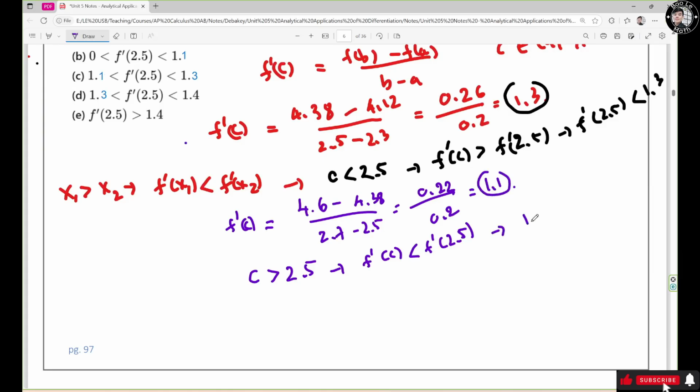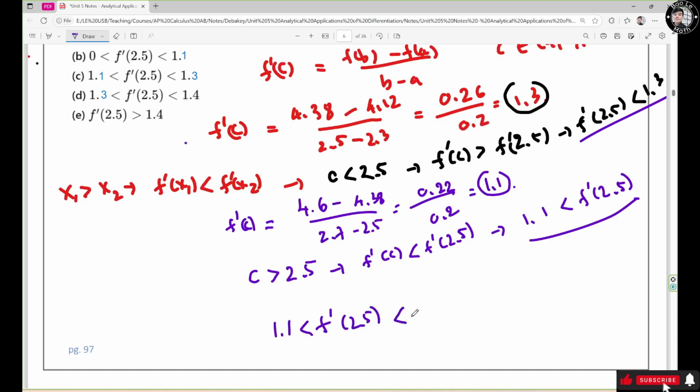So I have 1.1 less than f'(2.5), right? Now I need to combine these two. So finally I have 1.1 less than f'(2.5) less than 1.3, right? And the answer must be C.